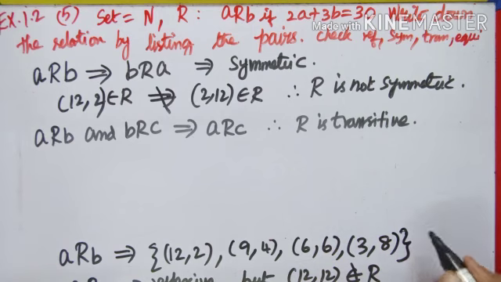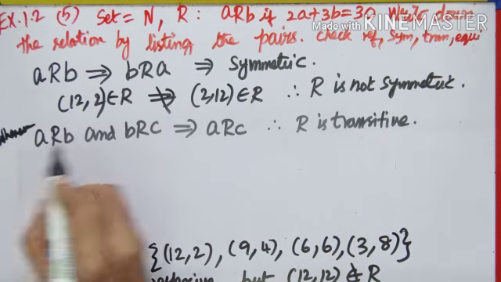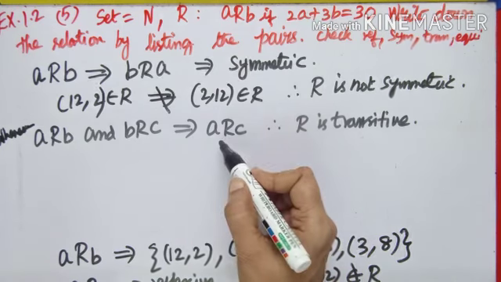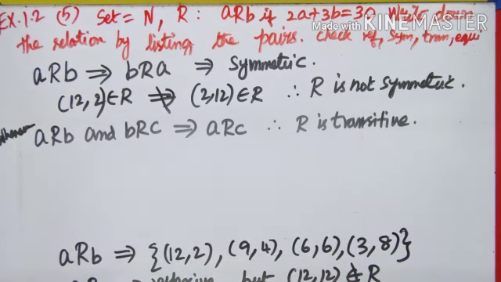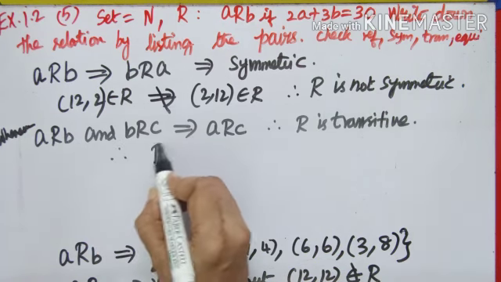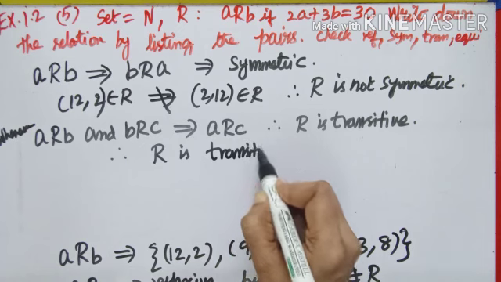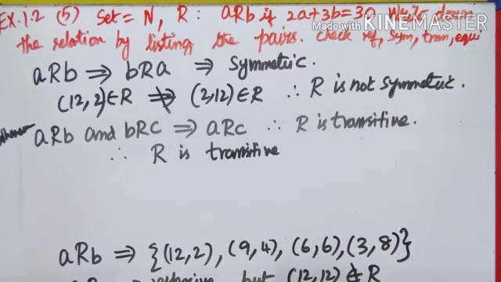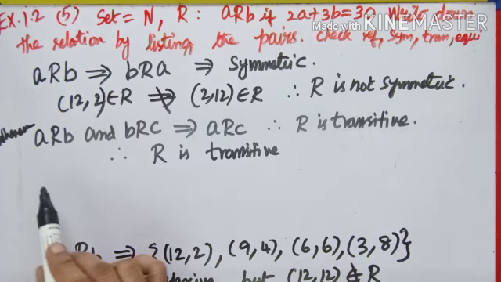So I told you, only whenever these two are there must I check this idea. But for these pairs there is no such combination. Therefore, R is transitive only. There is nothing I can show that doesn't belong. So R is transitive, but it is not symmetric and not reflexive.